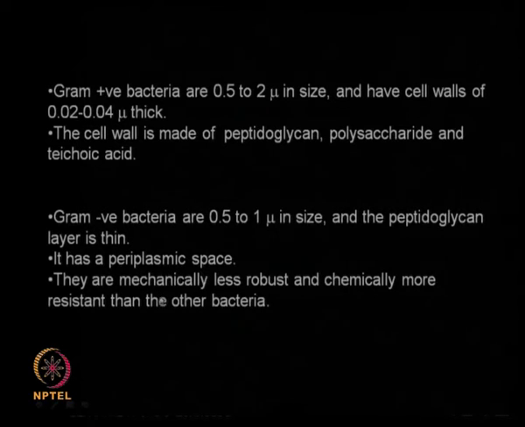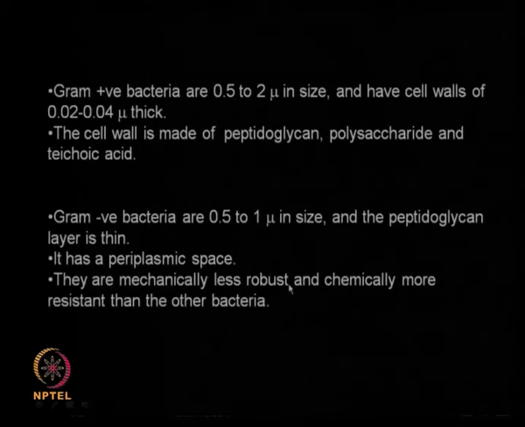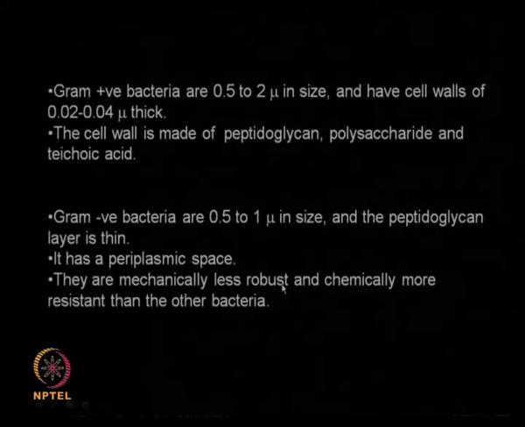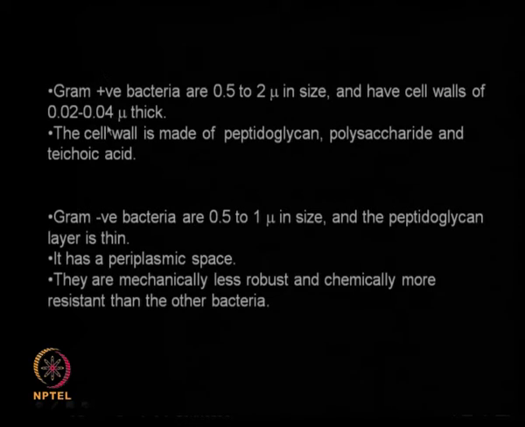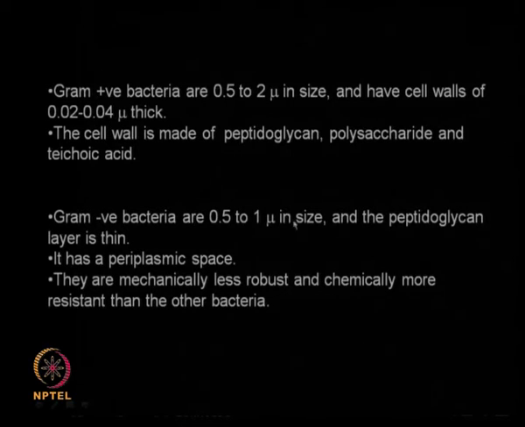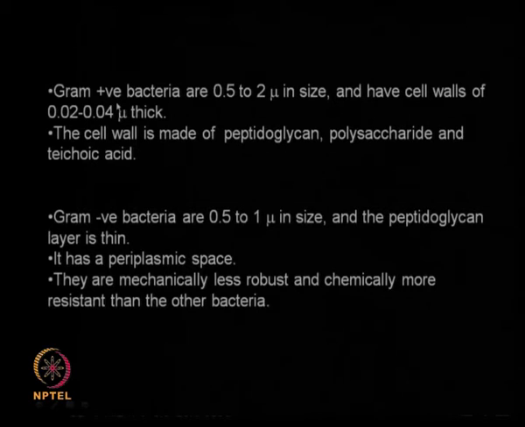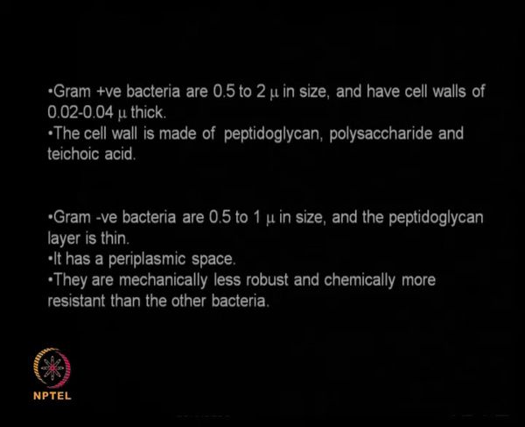Okay. These are mechanically less robust, that means if I use a mechanical method I can easily break gram negative bacteria when compared to gram positive bacteria, but they are chemically more resistant than gram positive. So if I want to resort to chemical methods, then gram positive bacteria are more susceptible than gram negative bacteria, you understand.